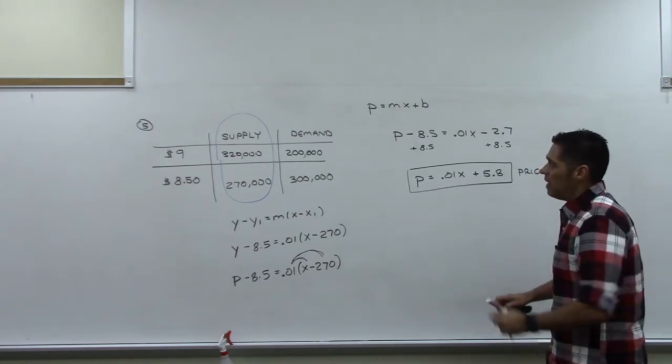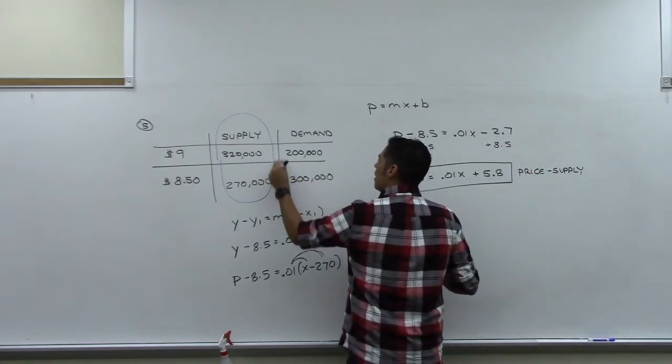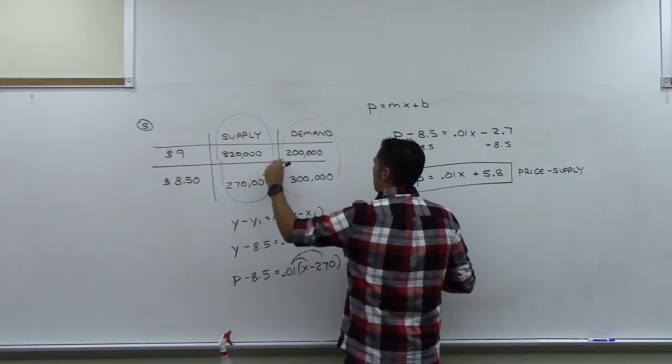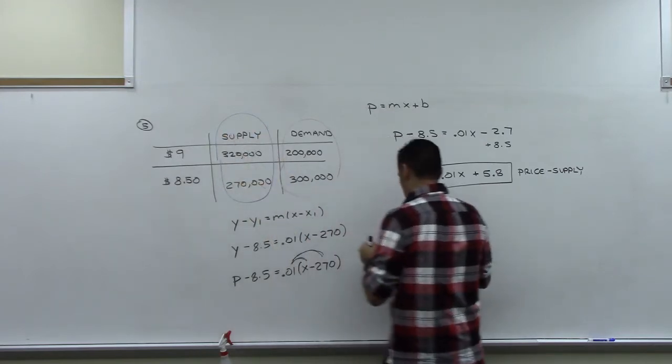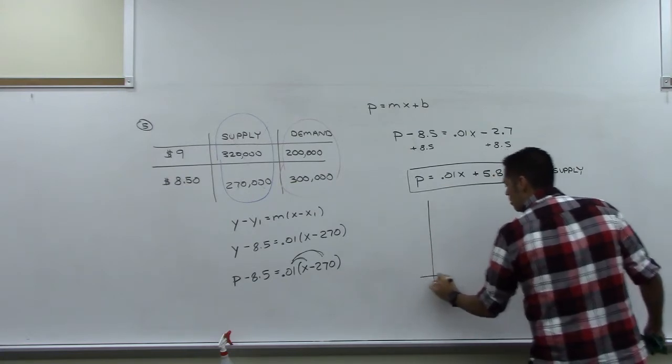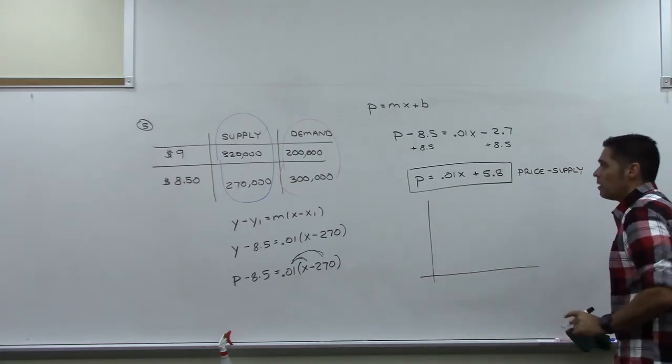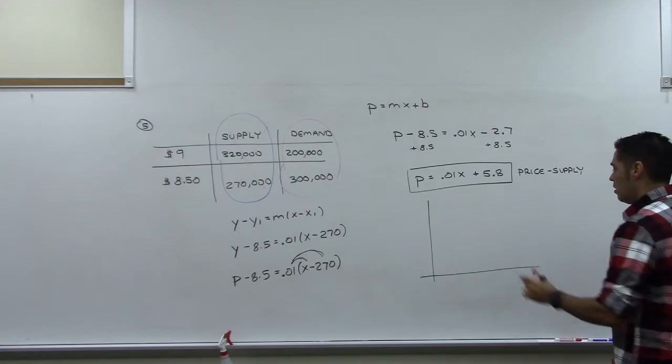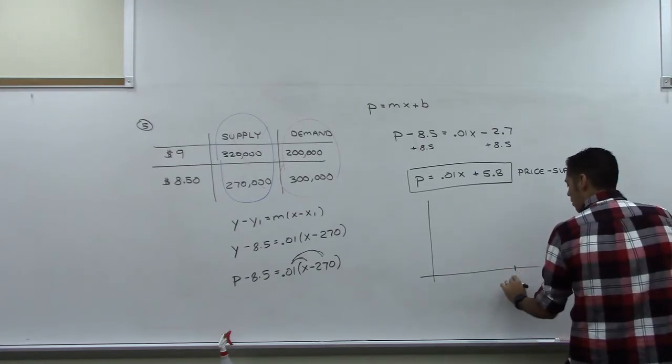Then in the next part B, they want the price demand equation. To do the price demand equation, we're going to do the same thing, but we're going to use this information instead of this. We're not doing this anymore. So now we can draw another picture. It's going to be a totally different line. I'm going to go a little faster through this.